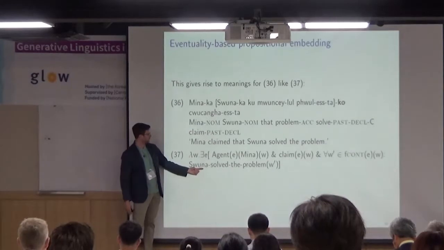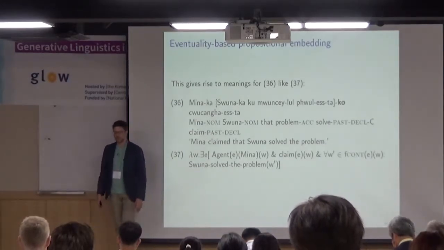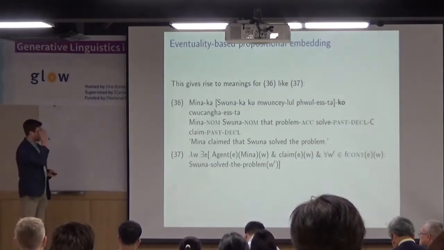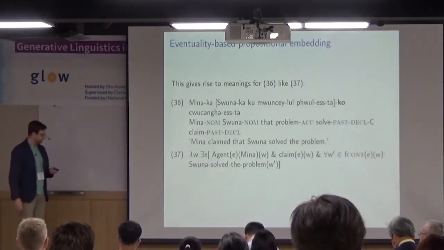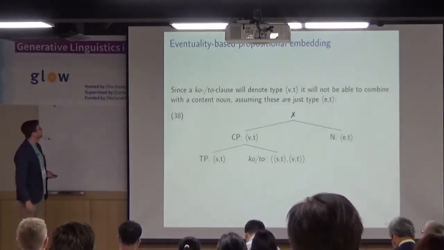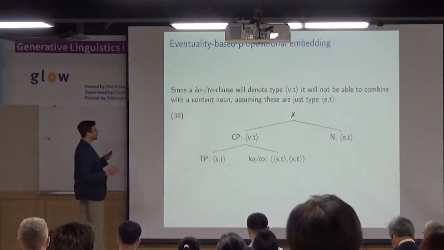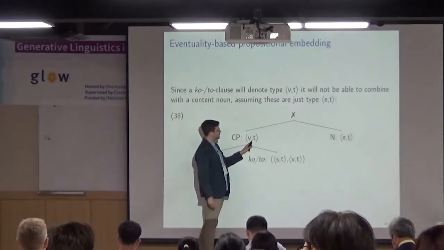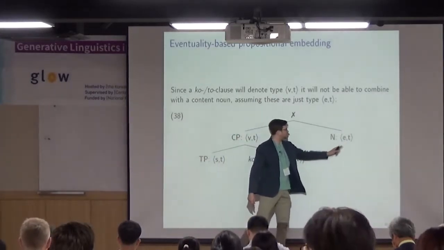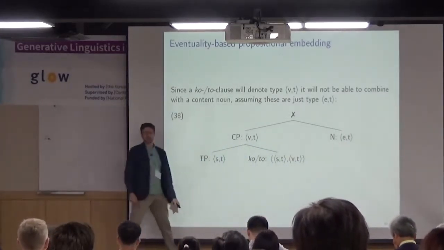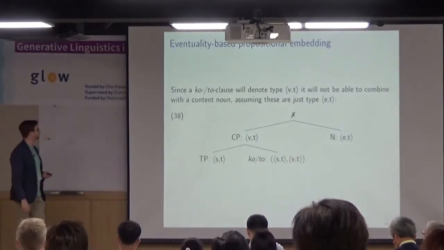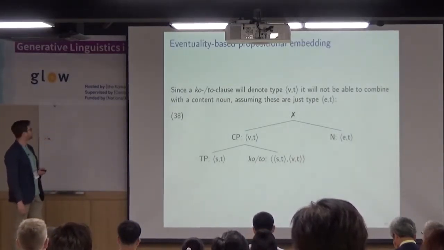In all those worlds, Swoona solved the problem. So there's a particular view of what it means to talk about the content of a claim. Okay? But the crucial combinatoric issue is that an eventuality property can't combine with a simple noun phrase. So these can't combine with nouns. Okay?